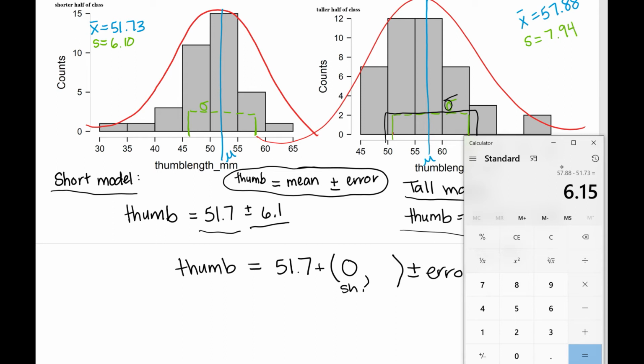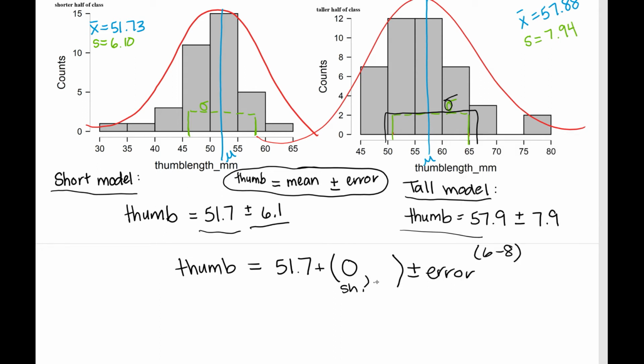So if they're short, don't change the thing. It's perfect. But if they're tall, we're going to want to add a little more than 6. I'm just going to round for space. So now we have this model that's saying, start around here for guessing.